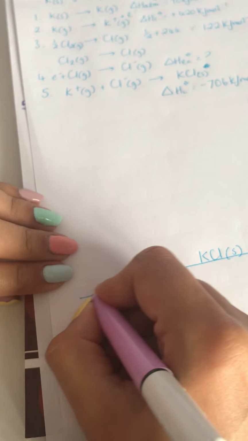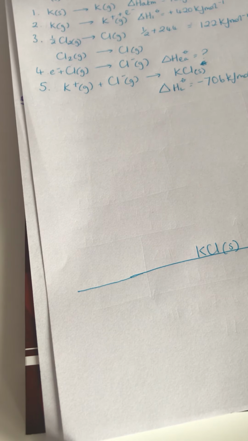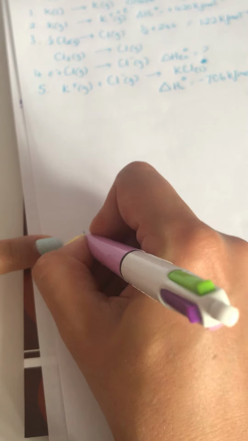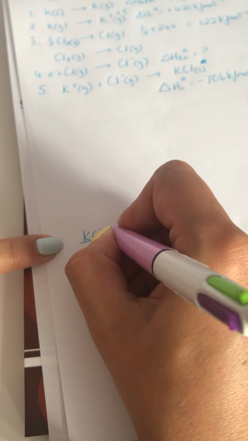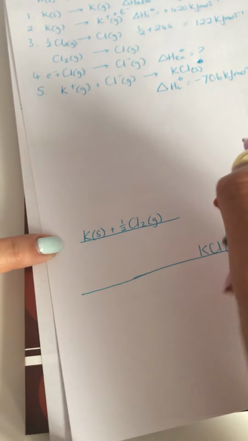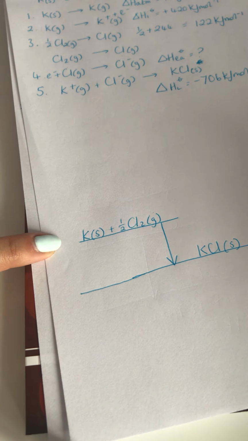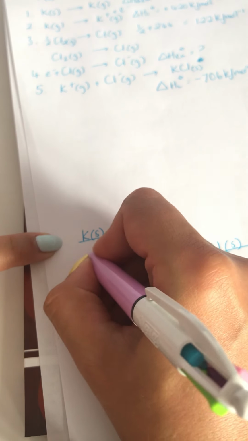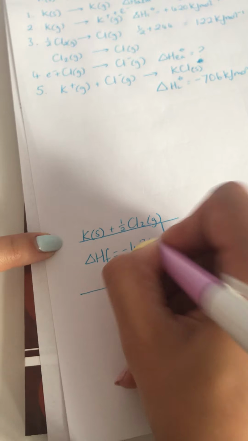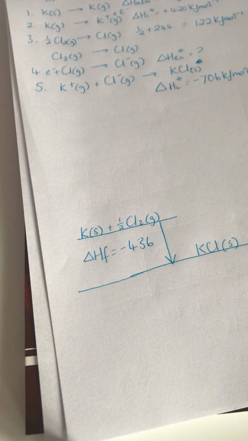Then on the left hand side I'm going to have my standard enthalpy of formation. So I'm going to put that here, and that is going to be going from potassium as a solid plus a half Cl2 as a gas. My arrow is going to point down, and it's going to have a value of minus 436, which I just wrote in my question above.